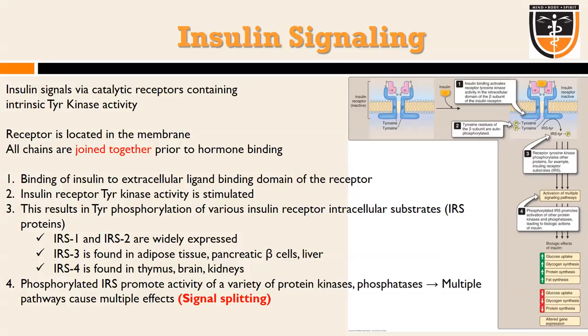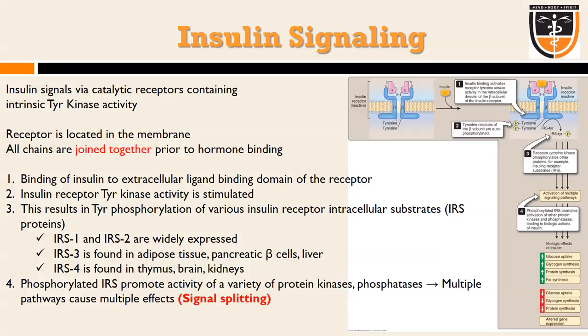So these IRS substrates are several. So think about it. You have one signal of insulin, and then it breaks down to several IRSs, several signals all over the cell. So it will stimulate IRS1 and IRS2 pathways, IRS3 and IRS4, insulin receptor intracellular substrates, and will cause different things through the cell.